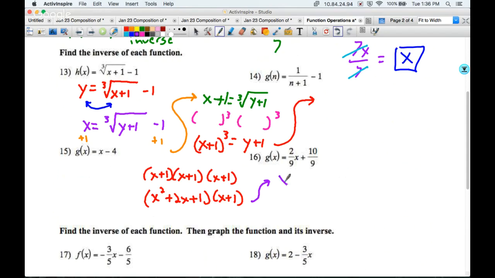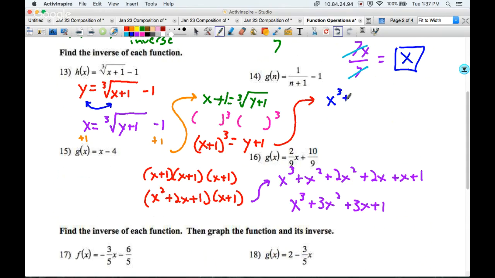That way I'll be sure to multiply all of them. X cubed plus x squared plus 2x squared plus 2x plus x plus 1, or x cubed plus 3x squared plus 3x plus 1. Binomial theorem appearing there. So now I've got x cubed plus 3x squared plus 3x plus 1 equals y plus 1.